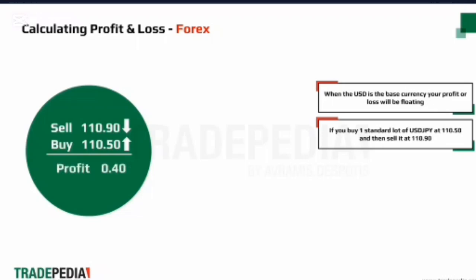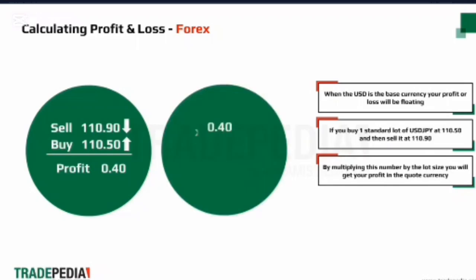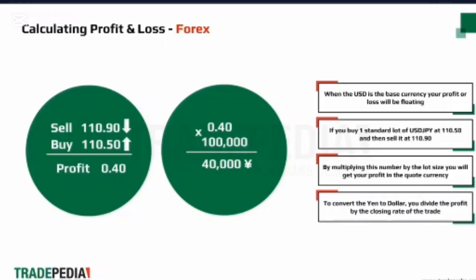By multiplying this number by the lot size, you will get your profit in the quote currency. Here, 40,000 Japanese yen. To convert the 40,000 Japanese yen to US dollars, you will simply need to divide the profit by the closing rate of the trade, and by using 110.90, which is the closing rate, we net $360.68.